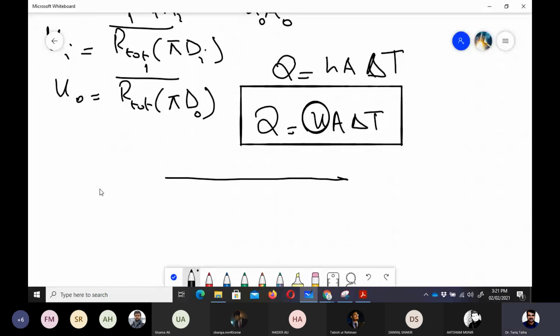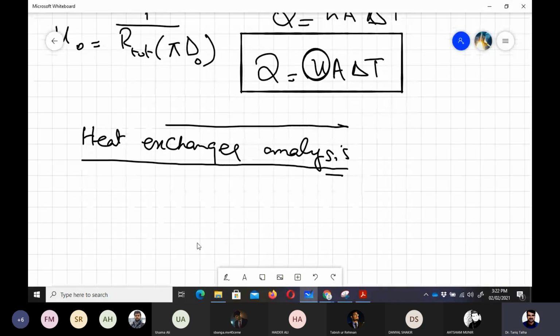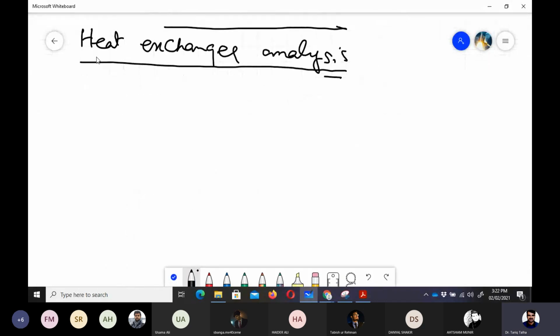Now we are going to start heat exchanger analysis. Whenever we do heat exchanger analysis, we have one of two options.